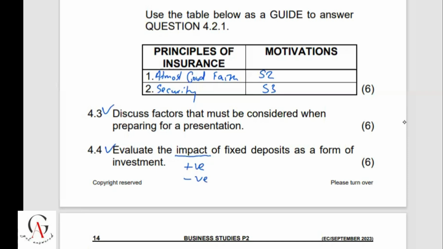Regardless, you are faced with how many marks? 6 marks. So you can just give 2 points for positive and 1 point for negative, or 2 points for negative and 1 point for positive, as long as you have mixed the positive and negative impacts together. Then in that regard, you are going to score yourself full marks.